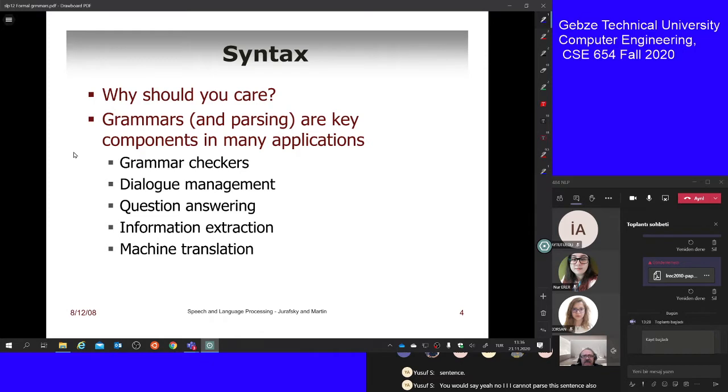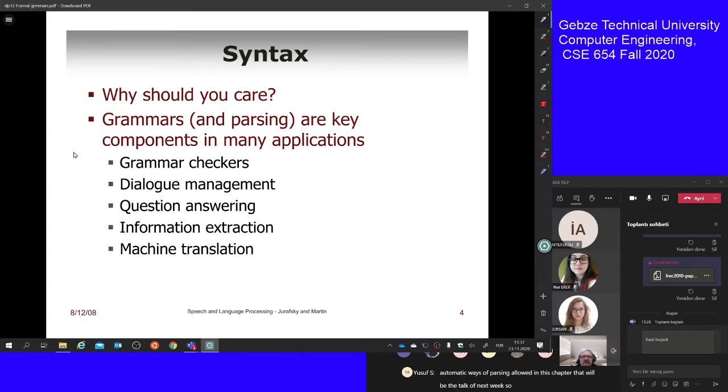When you say yes, you would also find a parse tree. You say, okay, this sentence parses, and this is the parse tree. That's the process of parsing. But we will not talk a lot about automatic ways of parsing in this chapter. That will be the talk of next week.